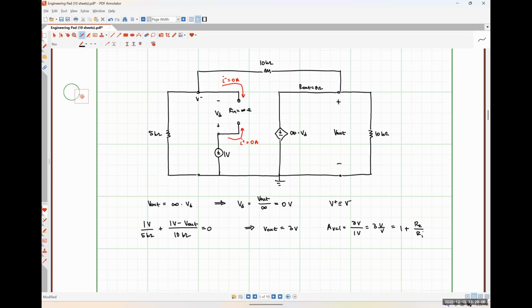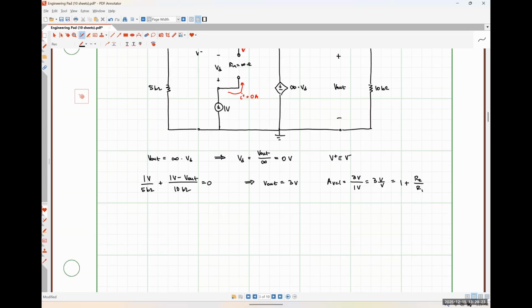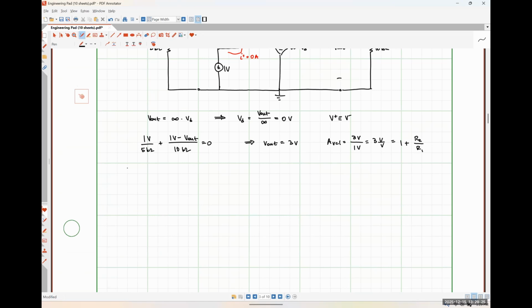So we're never going to analyze an ideal op-amp circuit like this again, because there's really no point, right? We can use the 2 ideal op-amp rules that we've developed from this. So let me just write those down.